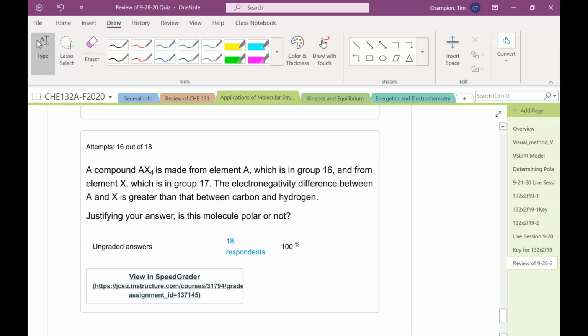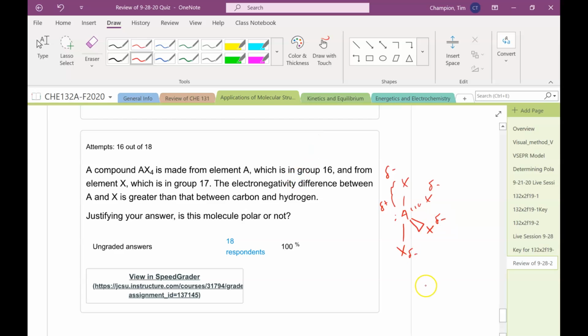So what we're going to look at here is our structure again, which I'll draw. I'm going to leave the lone pairs off just to do it quickly. But we're told that these AX bonds are polar, right? So delta minus, delta plus, presumably. So we've got delta minuses on all the X's.